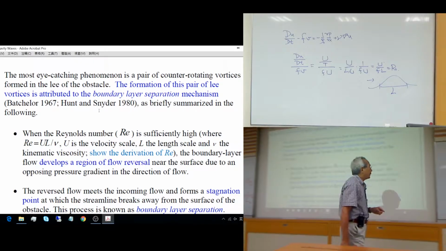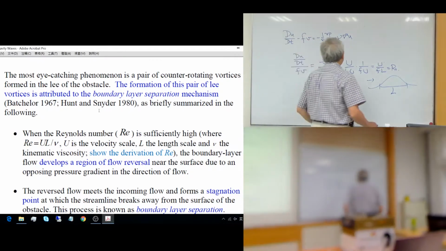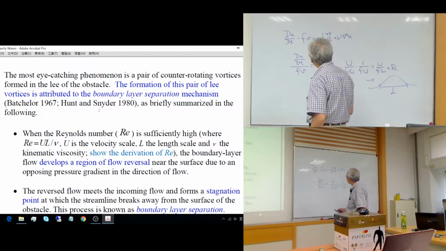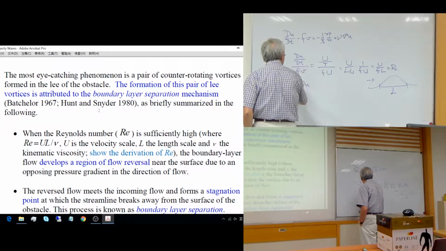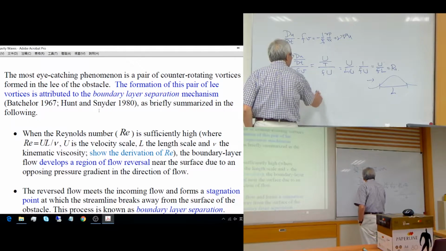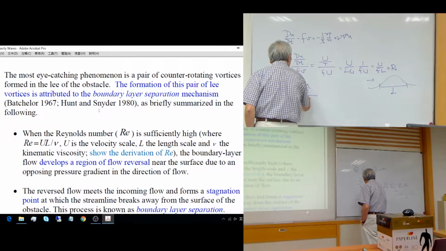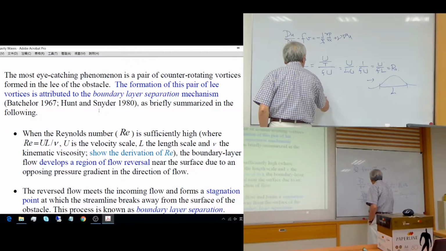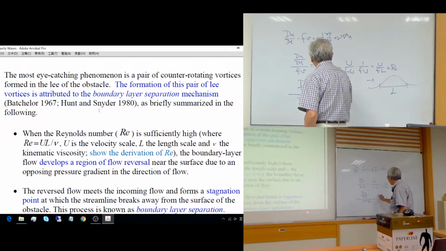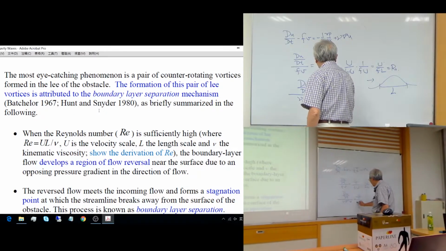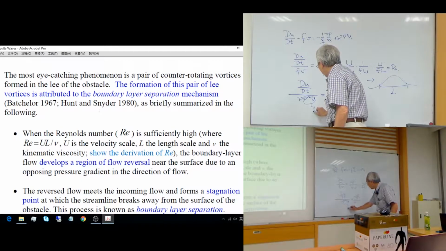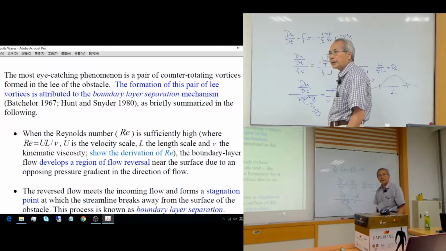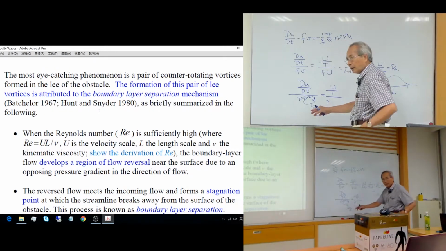Now if we do scale analysis of du/dt against nu del square U, we have U divided by T divided by nu, and assume this is approximated by nu d square U dx square. Not necessarily true, but people do that.